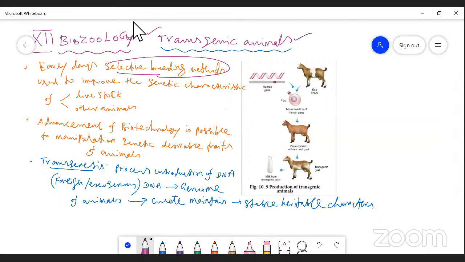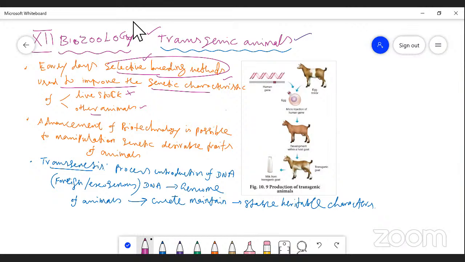By using this selective breeding method, the genetic characteristics of organisms, either livestock or other animals, were improved.